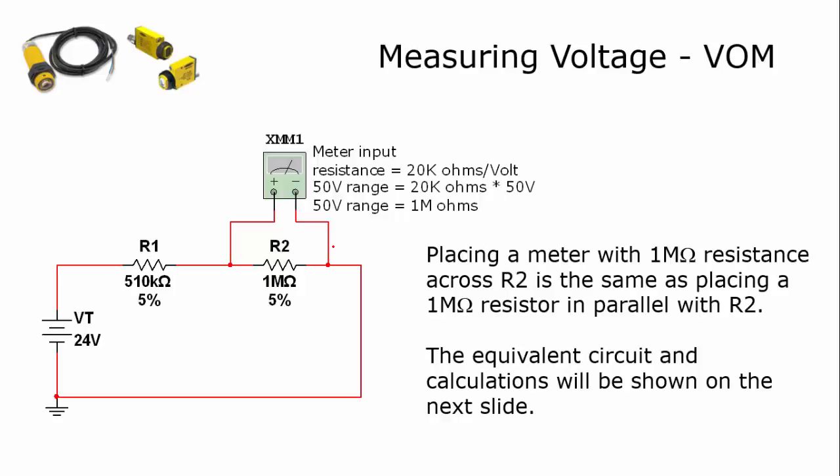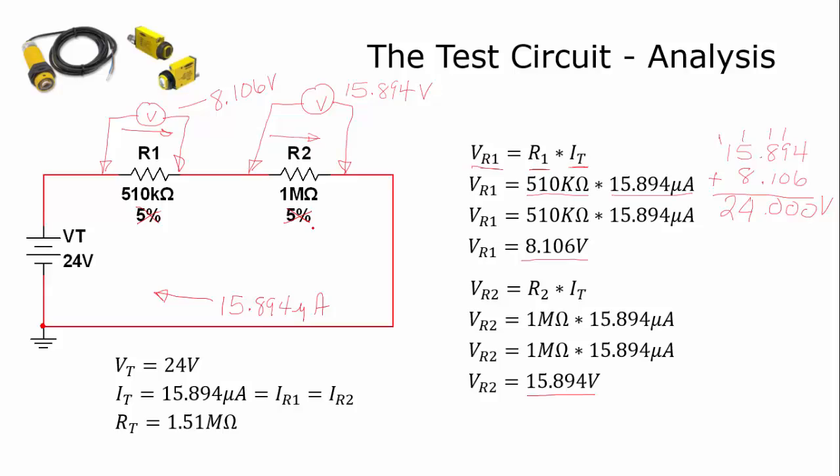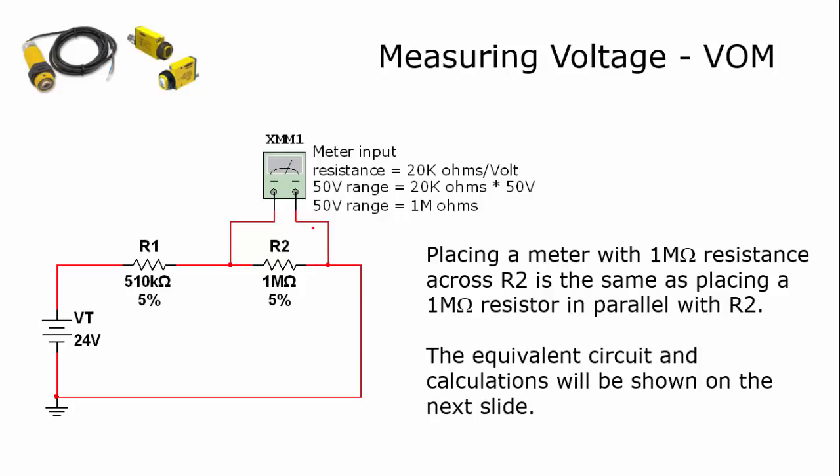Now, the voltmeter that we place across R2. I got this voltmeter that I placed there, and take notice I have a resistance equal to 20,000 ohms per volt. Because I'm going to be measuring 15.8 volts, I'm going to use the 50 volt scale of the meter.